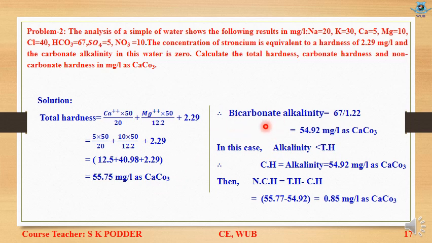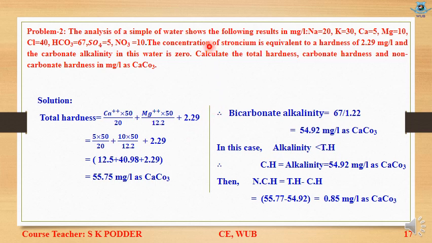Now, bicarbonate alkalinity is equal to 67 divided by 1.22, because 67 is the bicarbonate value. You can easily find the bicarbonate alkalinity from here, 54.92 milligram per liter as calcium carbonate. If you have any difficulty solving this type of problem, just read the rule to solve this type of problem.